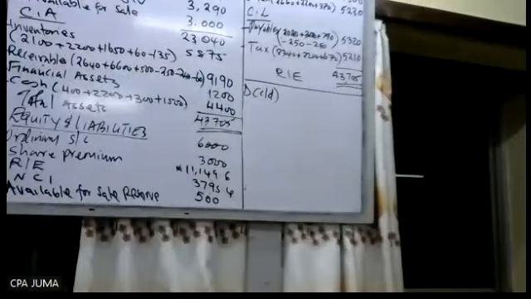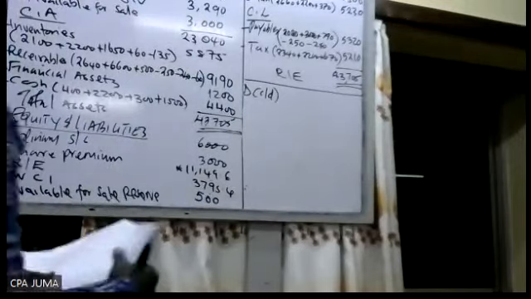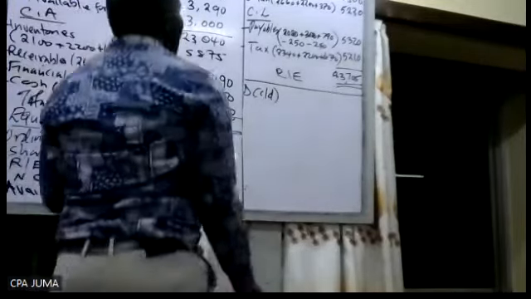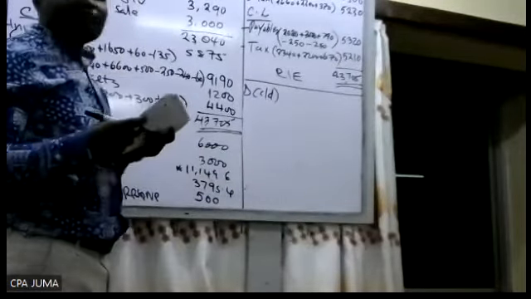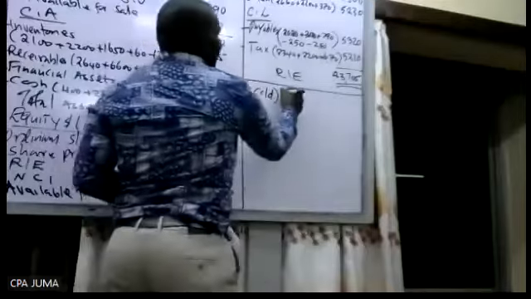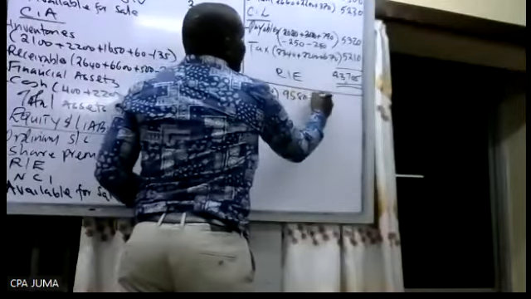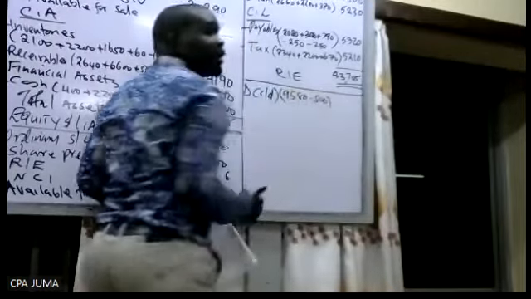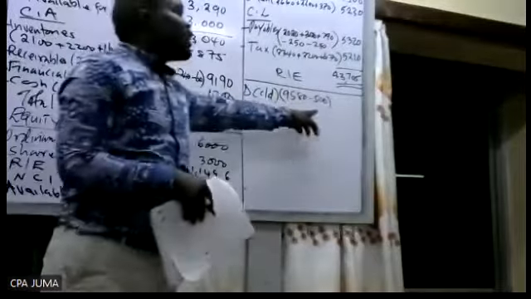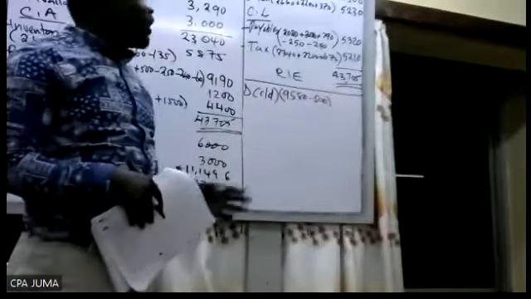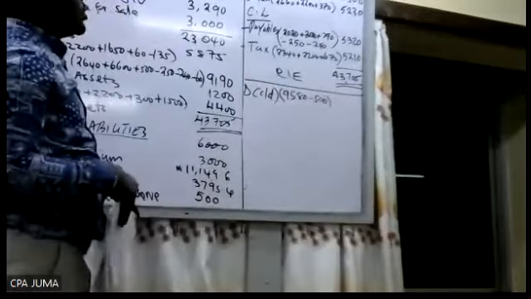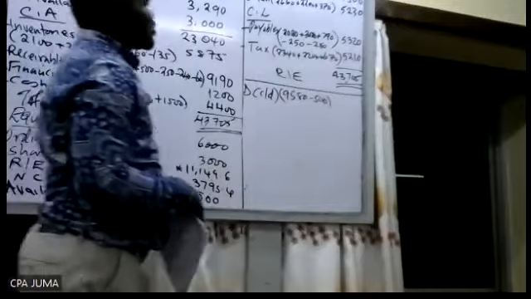For D, how much are you seeing? 9580. The problem I have with that 9580, they said that carrying valuation was included. So subtract. That 500 should not be part of the profit. So what remains?